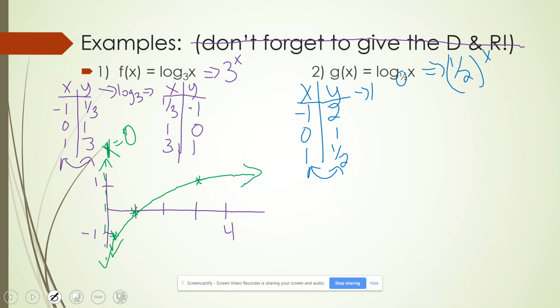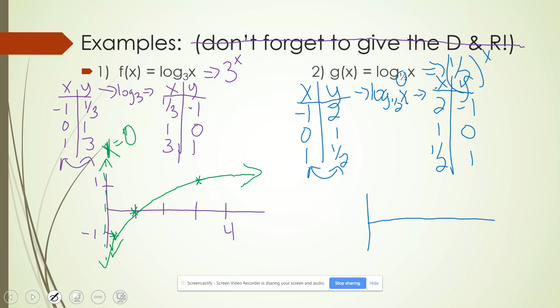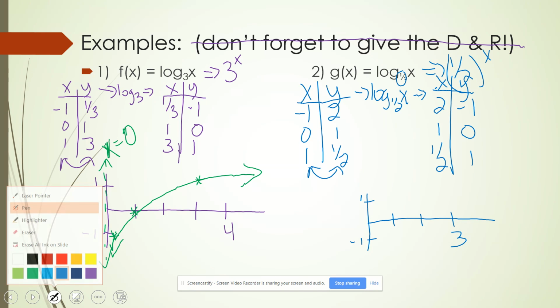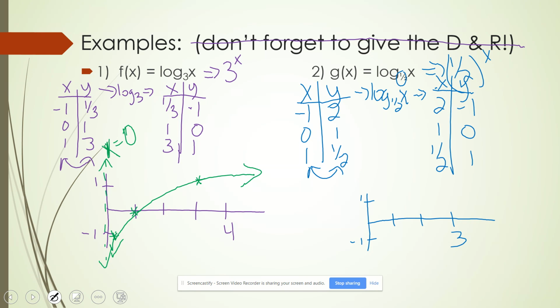Now remember, for our log, base 1/2, the table is going to exactly trade places. So we have 2, negative 1, 1, 0, and 1/2, 1. Go ahead and put in that vertical asymptote at x equals 0.